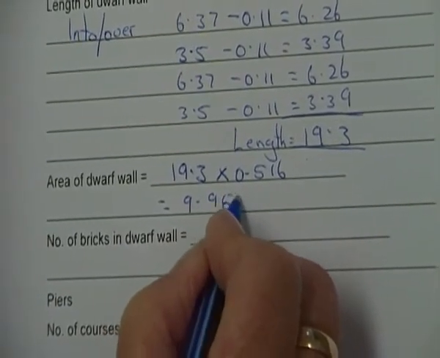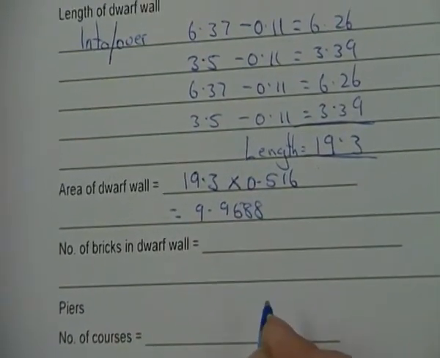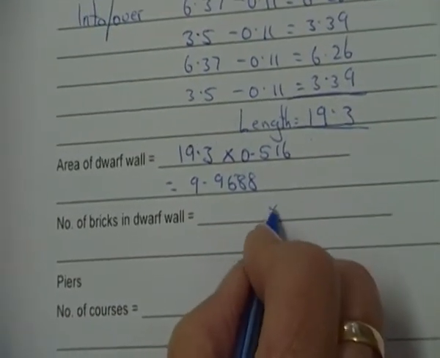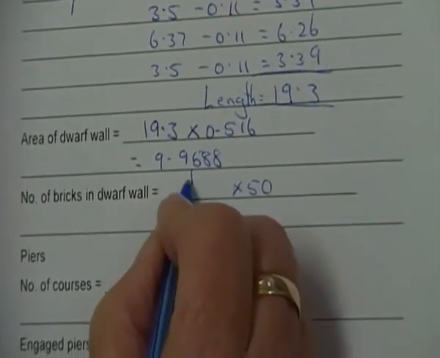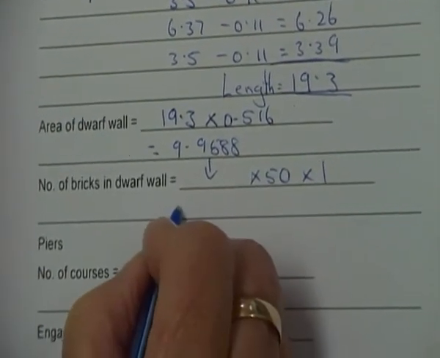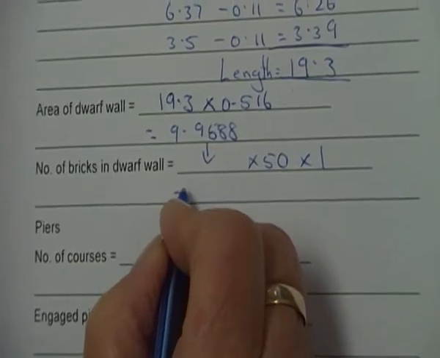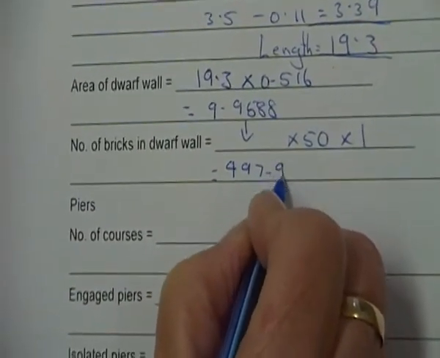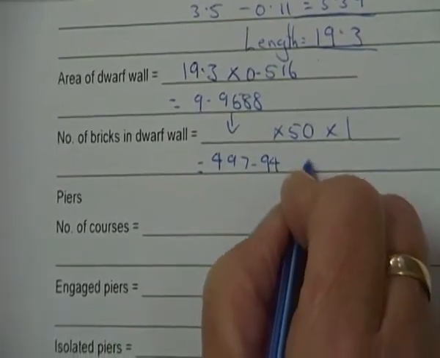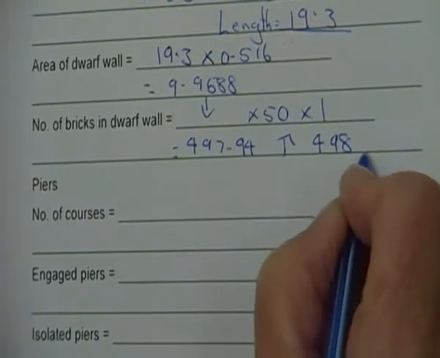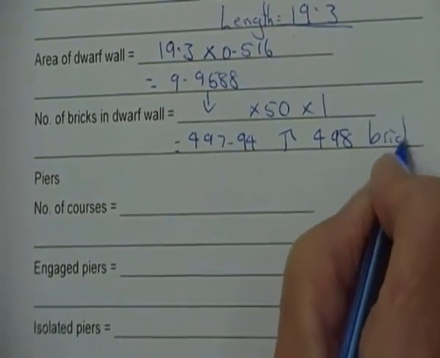I've just left it like that. And then I'm going to bring that figure down, and I'm going to times it by 50. I've only got one skin. So I get 497.94 bricks. I'm going to round that up and make that 498 bricks for my wall.